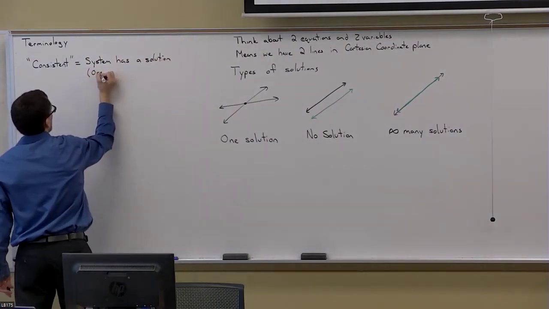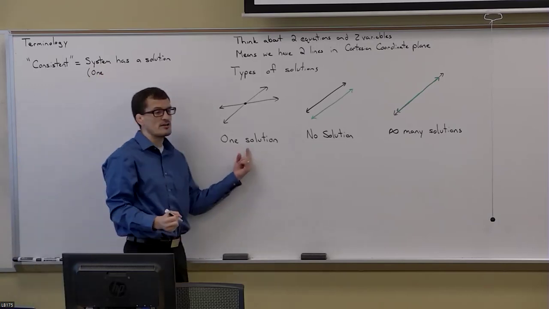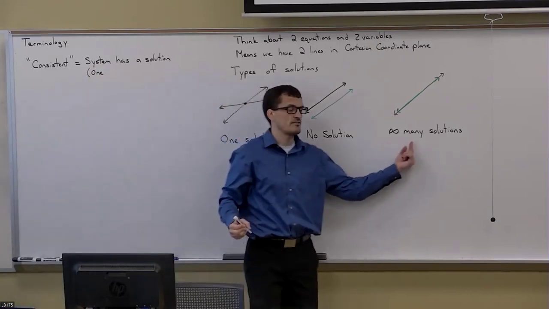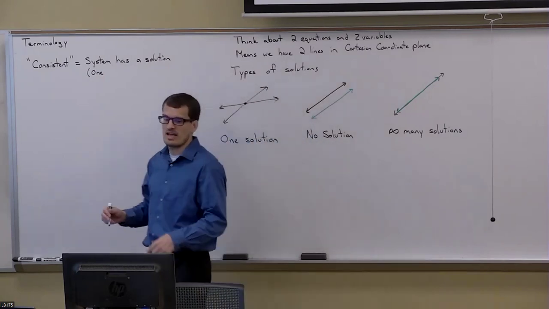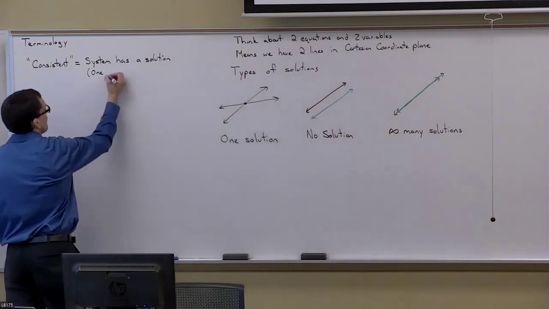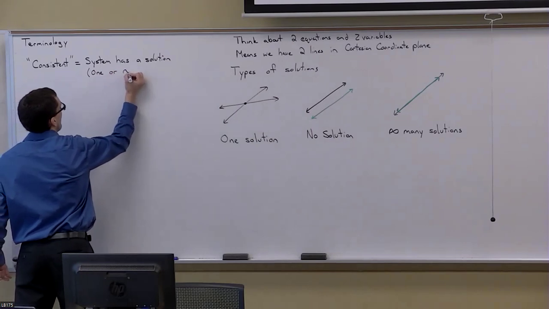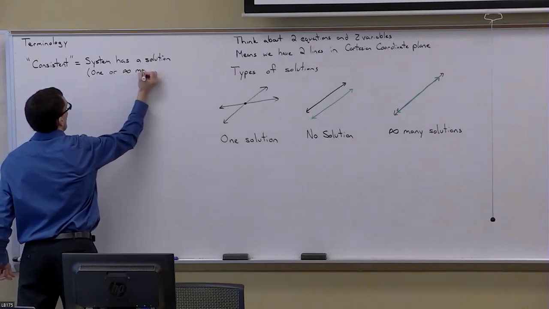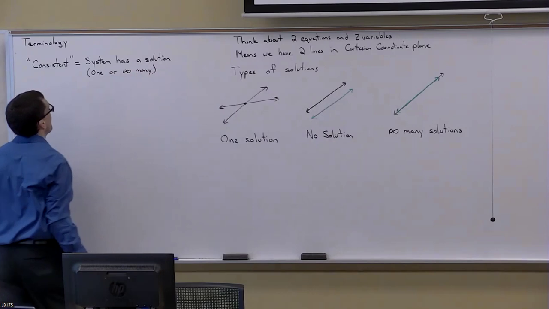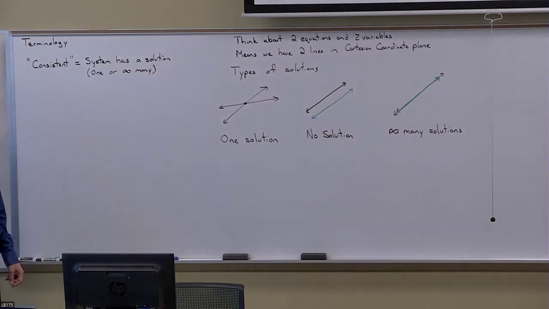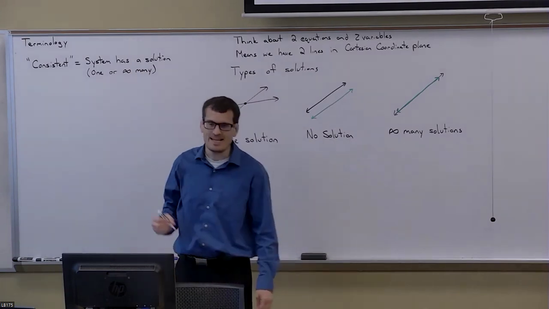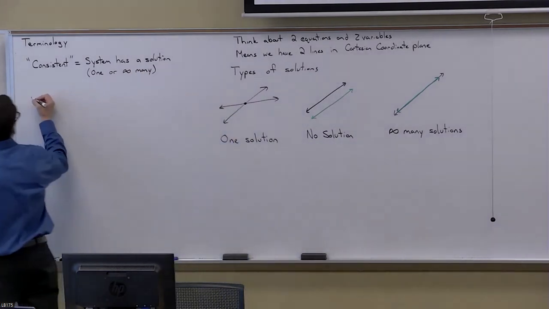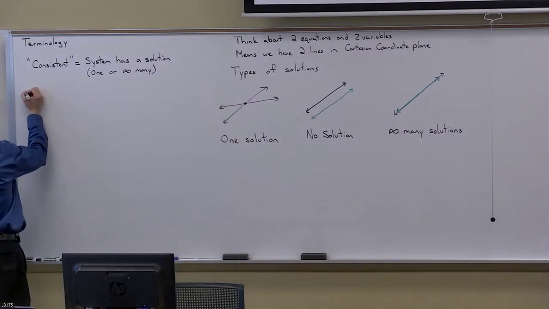And by a solution, we mean either it has one solution or it has infinitely many. Okay, consistent means it has at least one solution. Inconsistent means the system has no solution.